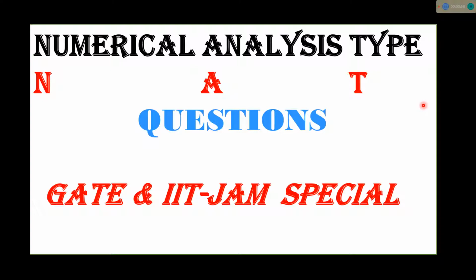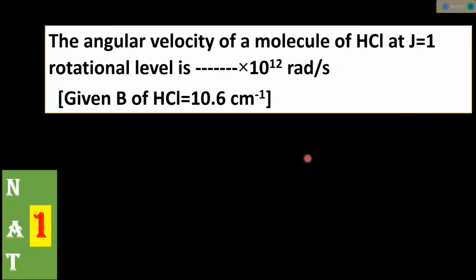So this is the first video of the NAT question answer discussion series. So let's start. One point I have to mention is that in this type of questions the answer should be a numeric value.